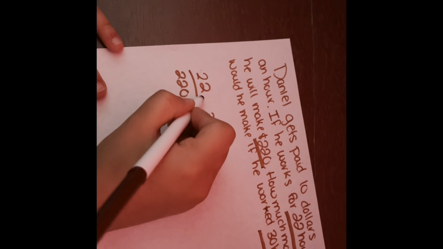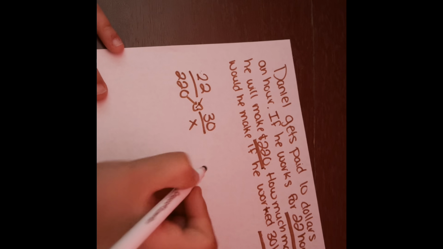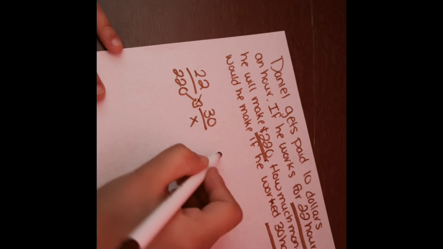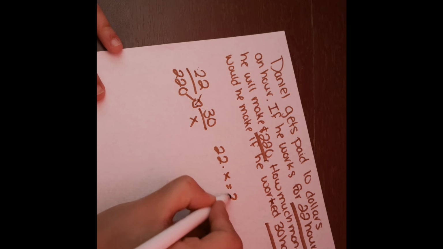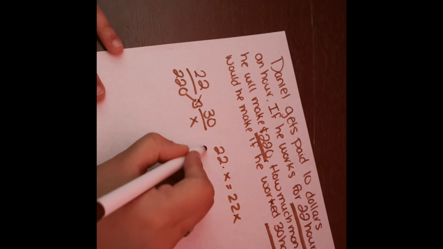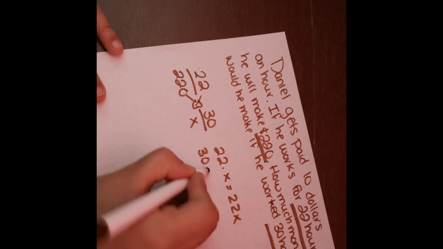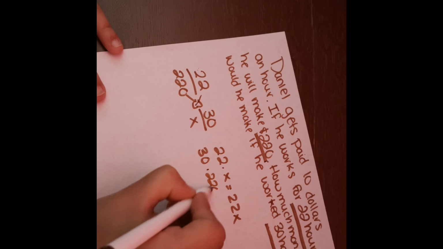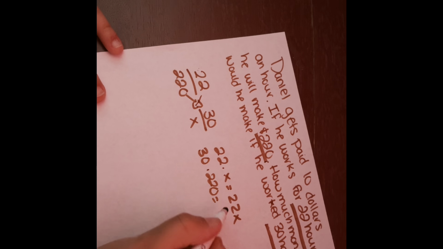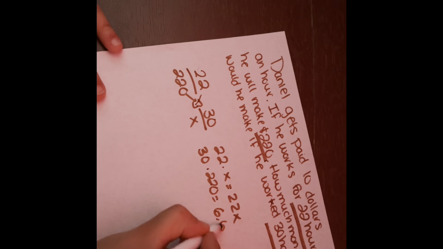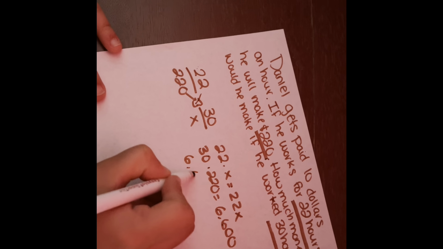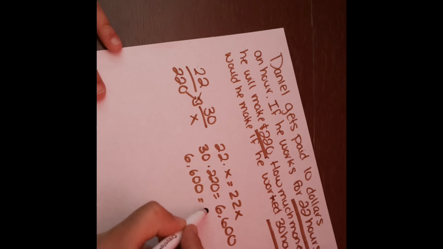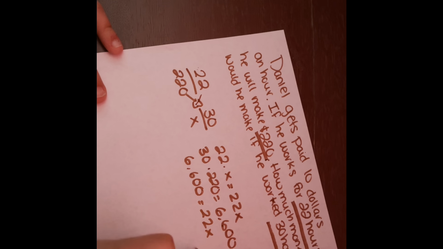So now we cross multiply, and we get 22 times x equals 22x, and 30 times 220 equals 6,600. So now we have 6,600 equal to 22x.